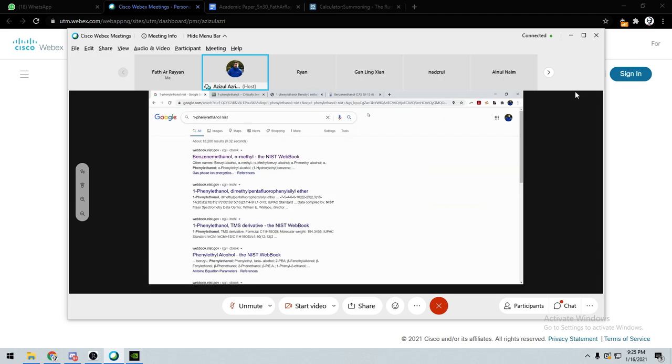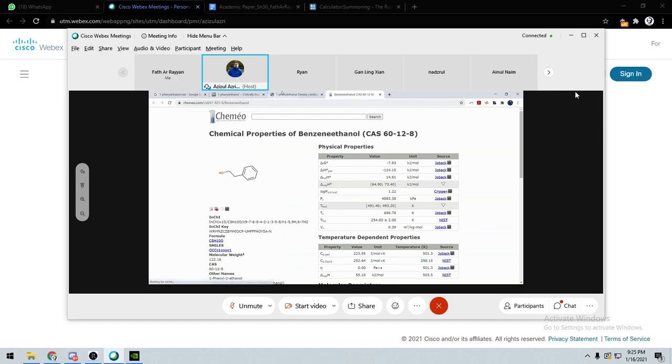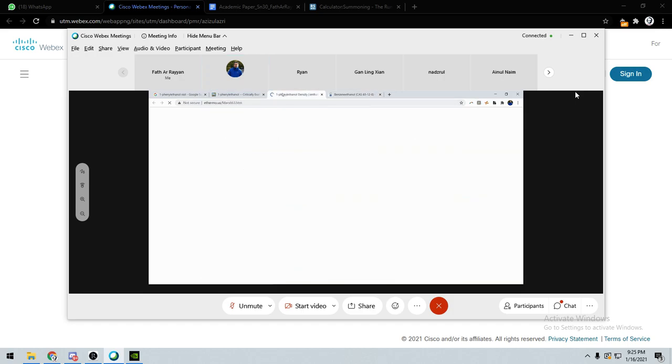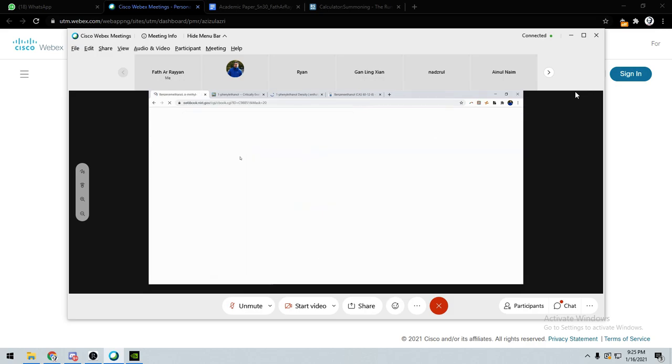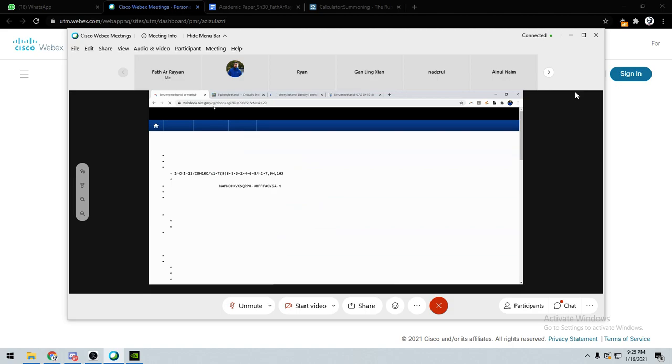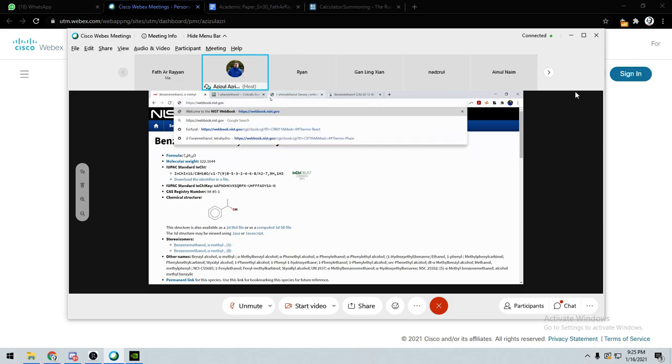The first source that you can refer to, which is quite reliable, is NIST. This is NIST. You can go to this website, which I'm sure many of you have found when you try to search for the data.